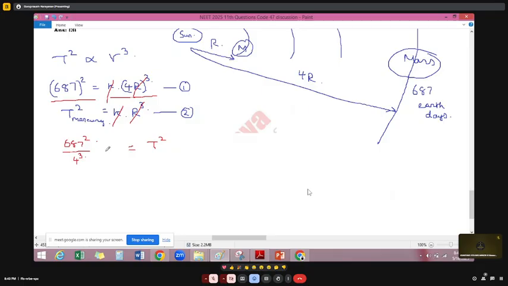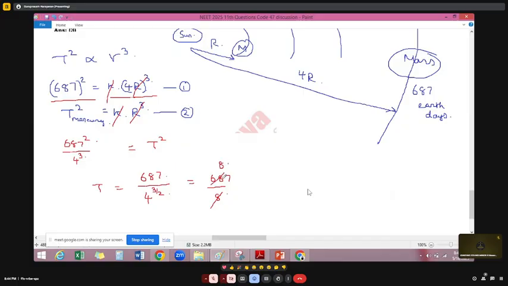If I take the square root on both sides, the time period is equal to 687 divided by the square root of 4 cubed. The square root of 4 is 2, and 2 to the power 3 is 8. So that means 687 divided by 8. Do the cancellation.